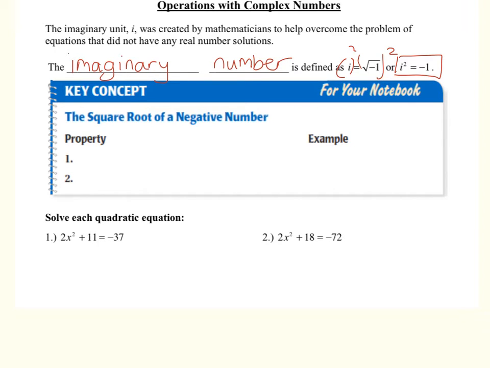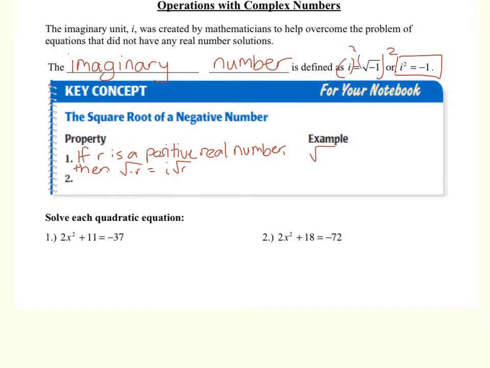So we have two properties. The first property says if r is a positive real number, then the square root of negative r is equal to i times the square root of r.